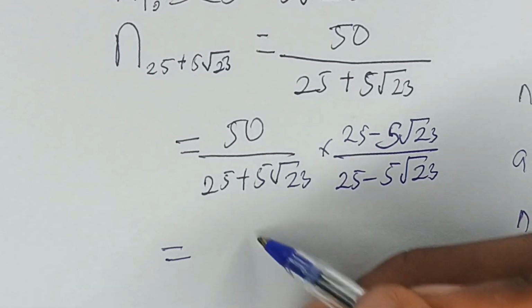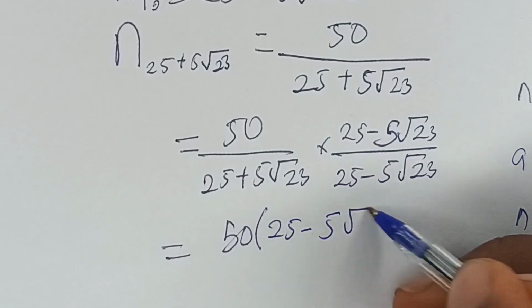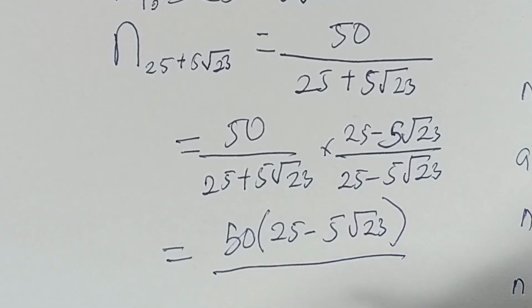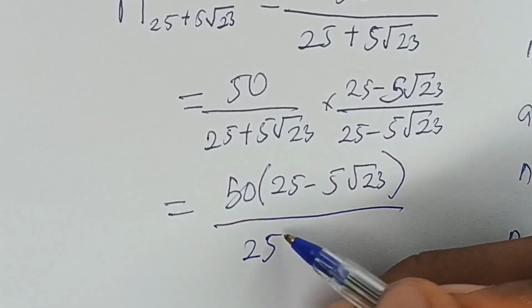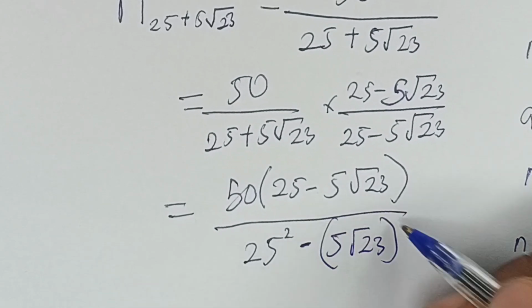And this is equal to 50 into 25 minus 5 root 23 all over, when you have plus and minus, it means difference of two squares, so we have 25 squared minus 5 root 23 squared.